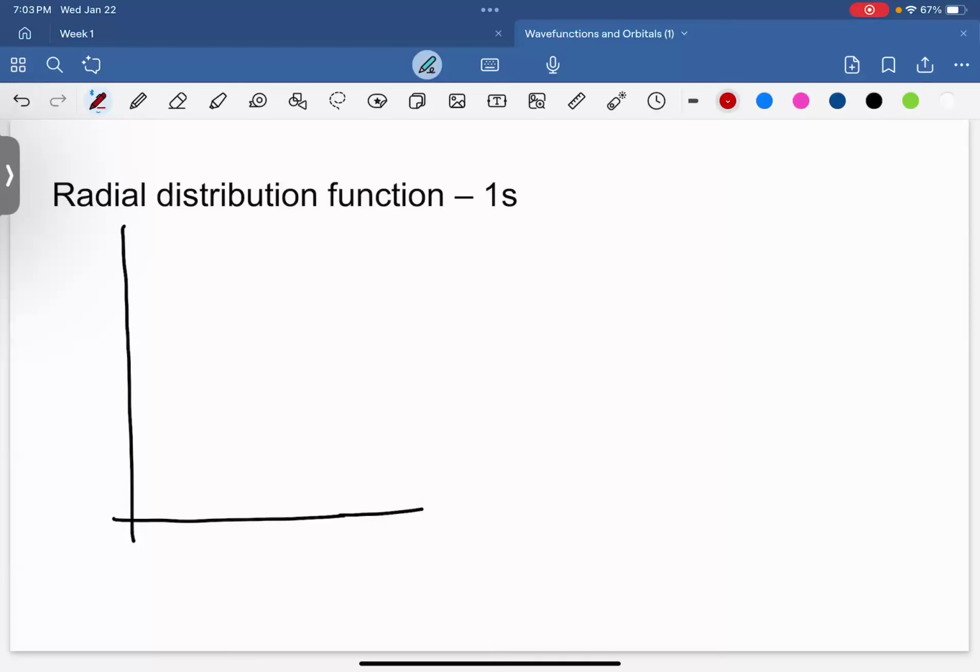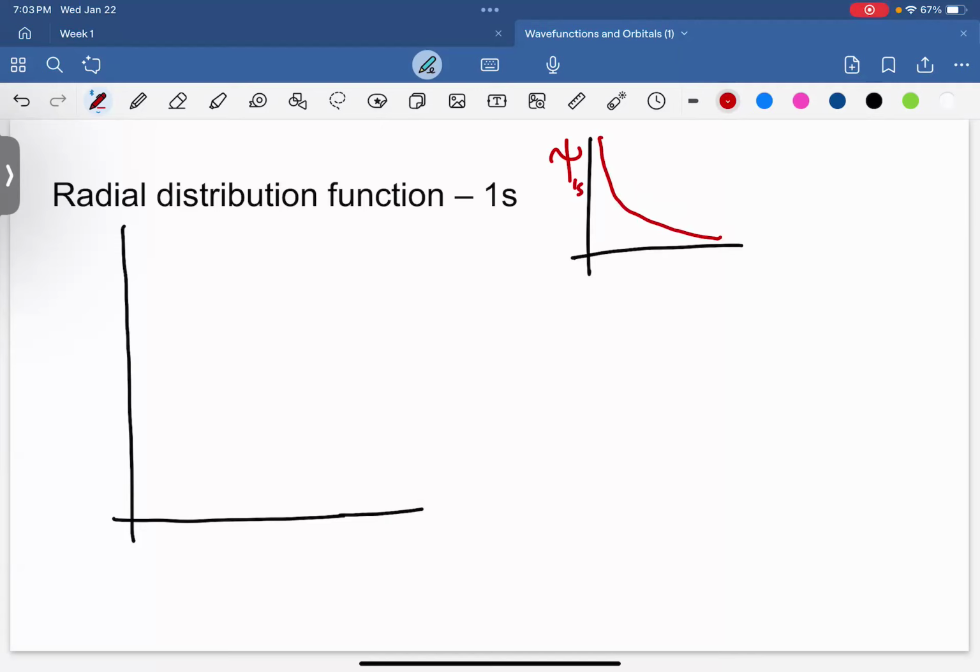First off, we're going to go back to the 1s orbital, which, as we recall, has a wave function that decreases like this. So here's psi 1s, decreases like that.